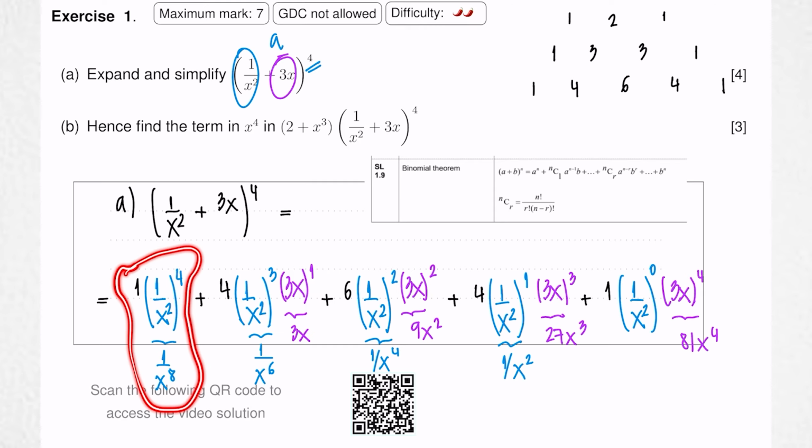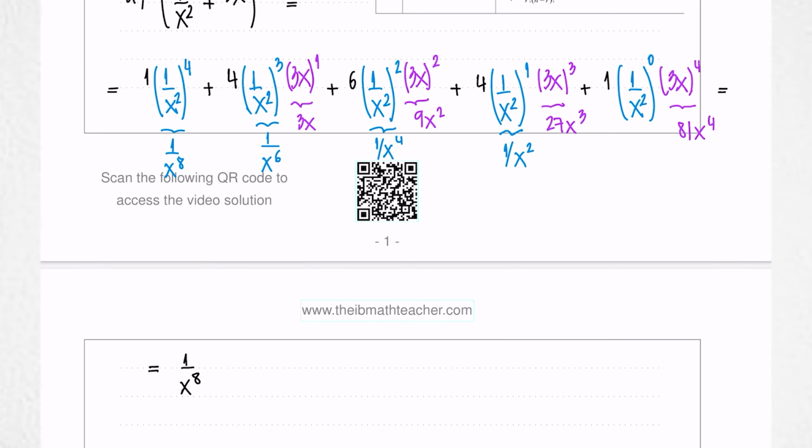As you simplify, you should get 1 over x to the 8th plus 12x over x to the 6th, which is of course the same thing as 12 over x to the 5th, plus we have 9 times 6, 54, x squared over x to the 4th, which is 54 over x squared, plus 27 times 4, 108, x cubed over x squared, which is just 108x, plus 81x to the 4th. And that is it. This is the full expansion of (1 over x squared plus 3x) to the 4th power.